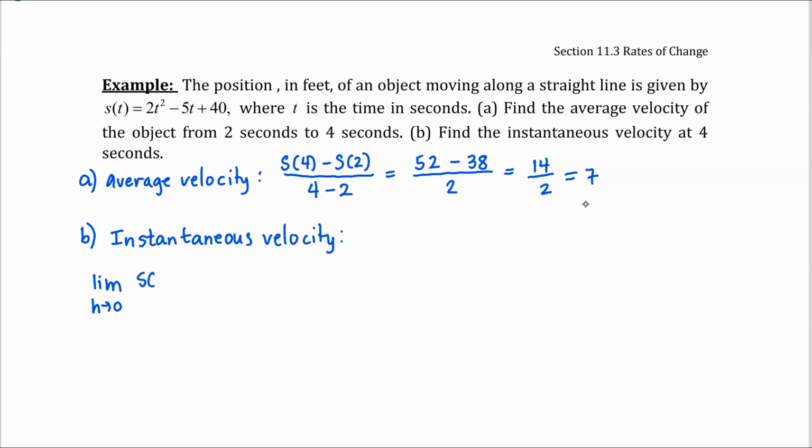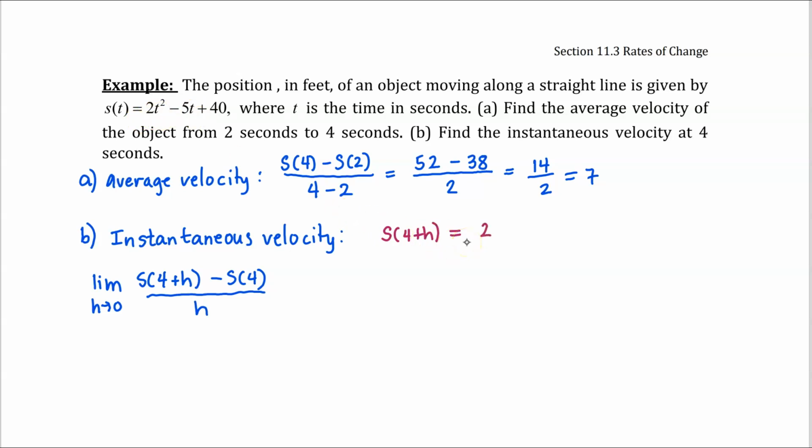So s of 4 plus h minus s of 4 divided by h. To evaluate this, we first have to obtain the expression for s of 4 plus h. We obtain it by replacing t by 4 plus h.